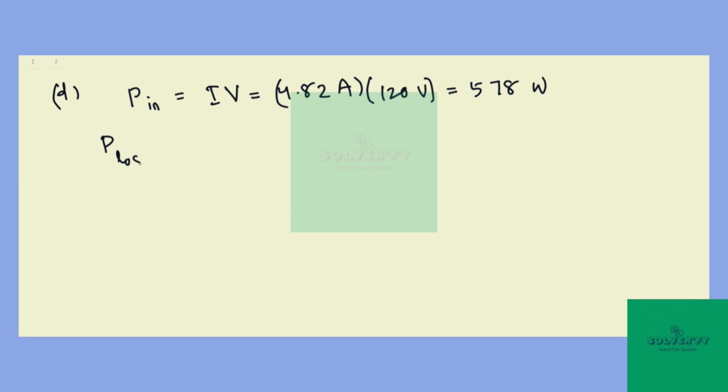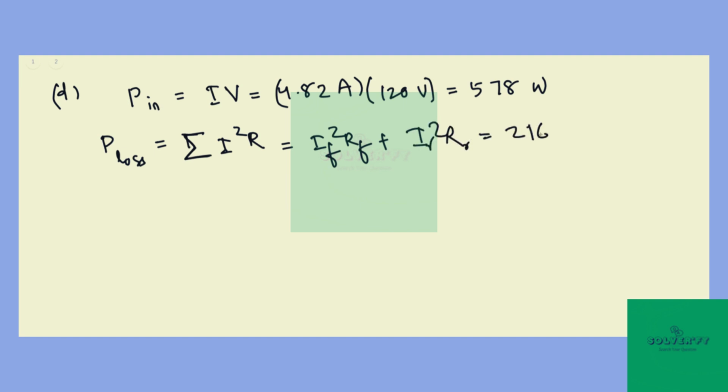The electrical power loss in the two resistances, let's call it P loss, is equal to the summation over I squared R, where the summation is over all the branches or all resistances. So this is equal to IF squared RF plus IR squared RR, and this gives the power loss to be 216 watt.